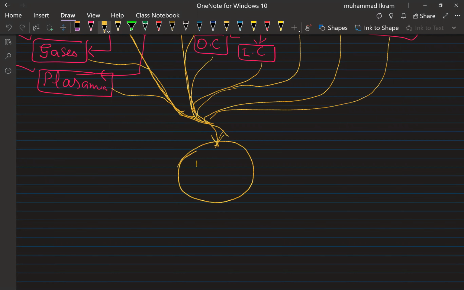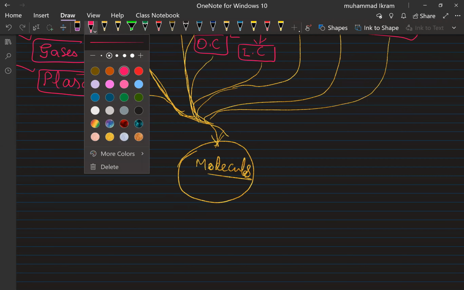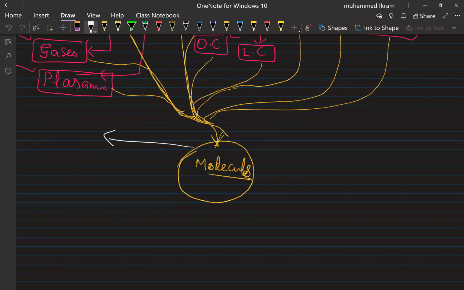Definitely, they all are made up of molecules. Now, do you know what molecules are? Molecules are a group of atoms. These groups of atoms may be similar or might not be similar.